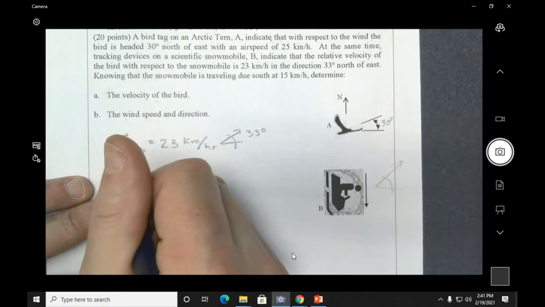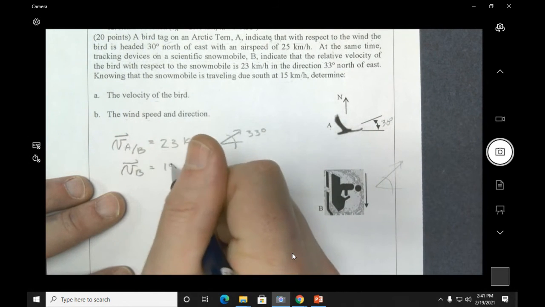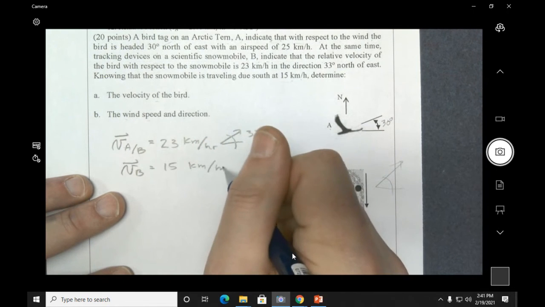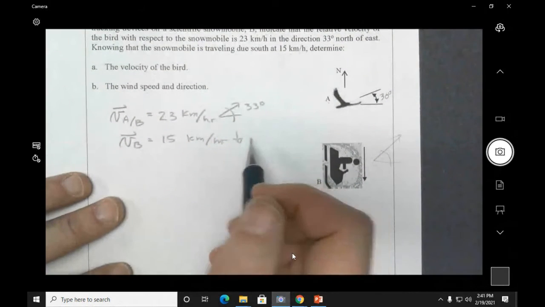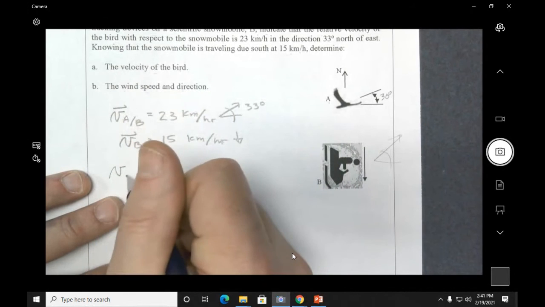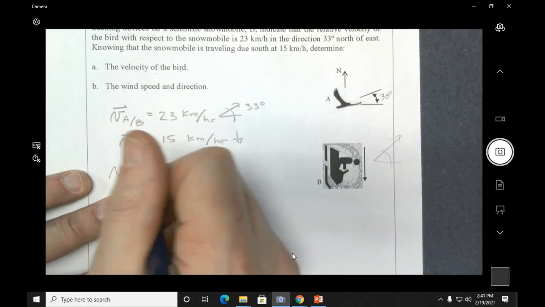And we know that the snowmobile is going 15 kilometers per hour south. Well, all we need to do is really find what the velocity of the bird is going to be.